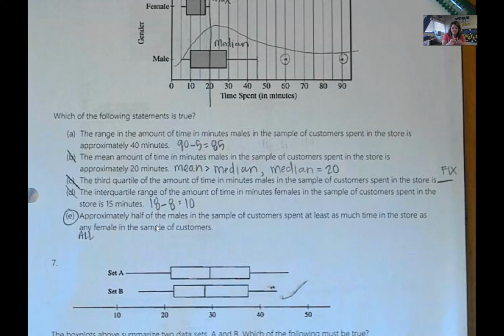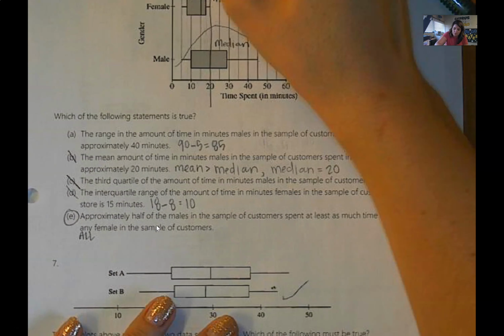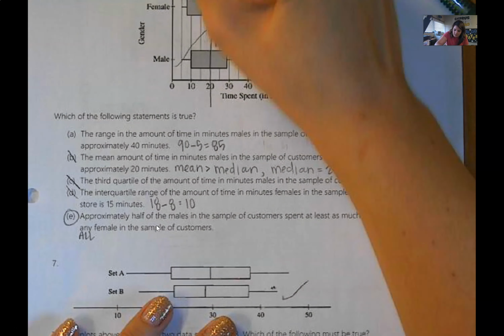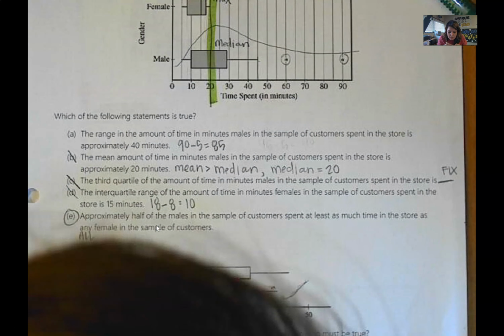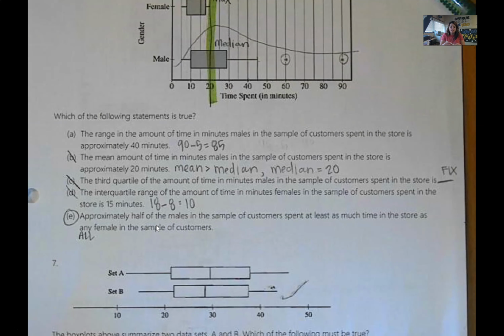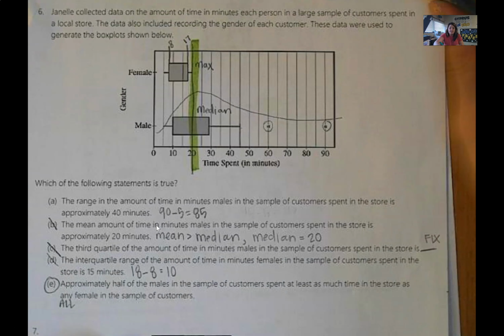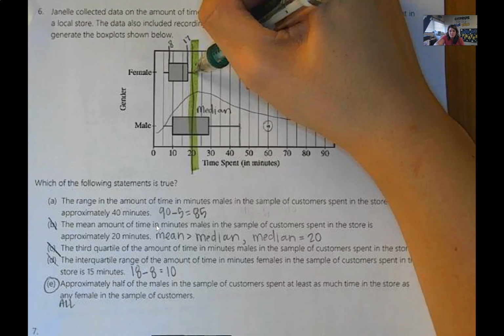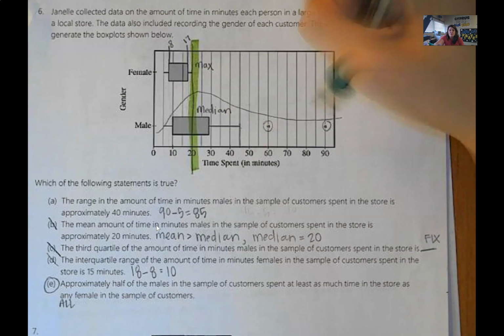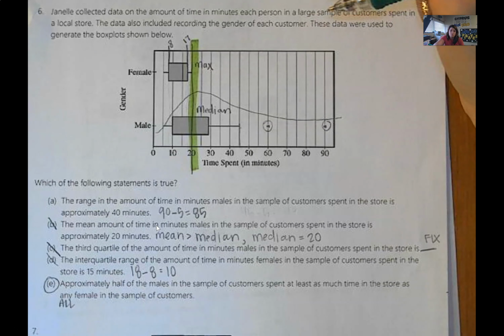So if I highlight this like I did on the previous problem, you can see that the max amount of time that women spent is around 20 minutes. And 50% of the men spent 20 minutes or more.